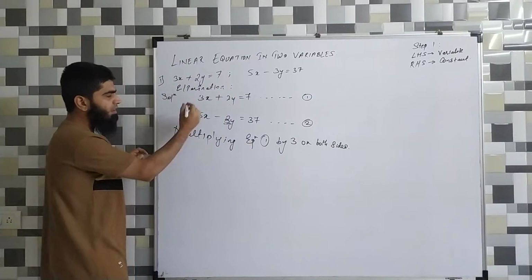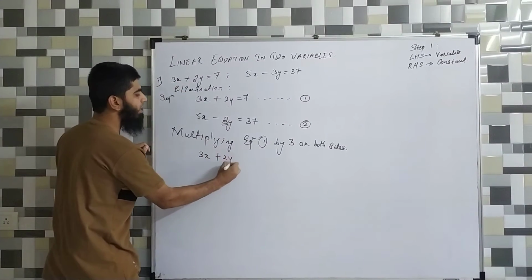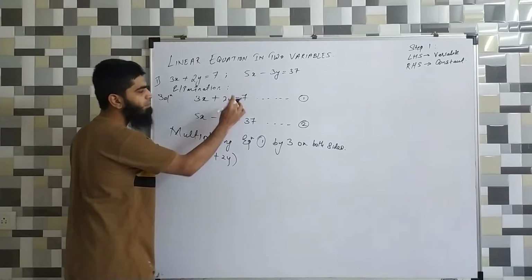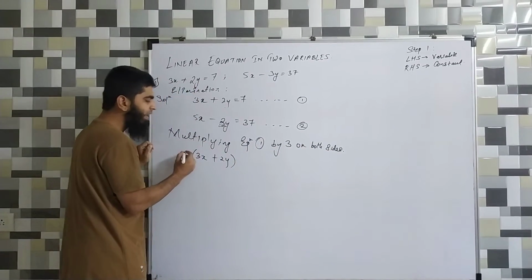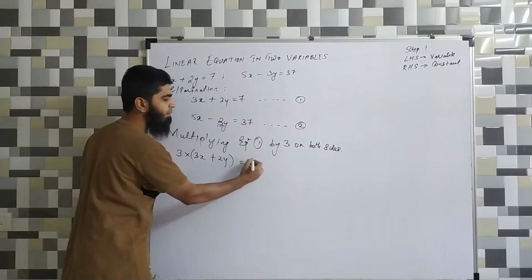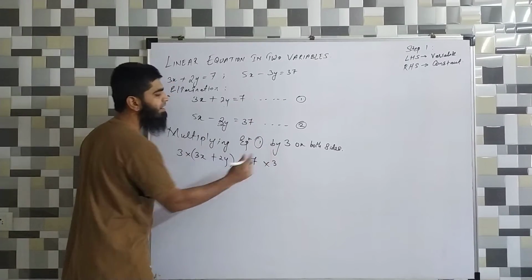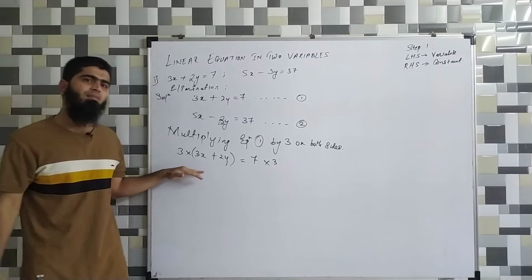This is 3x plus 2y, the left hand side, multiplied by 3. Equal to 7 as it is, and the right hand side must also be multiplied by 3. Are you all getting this much, beta?